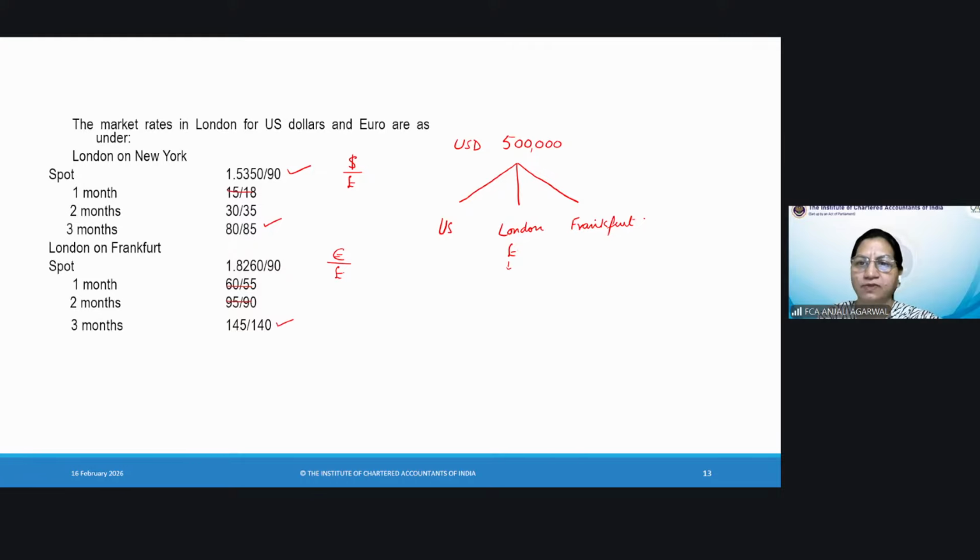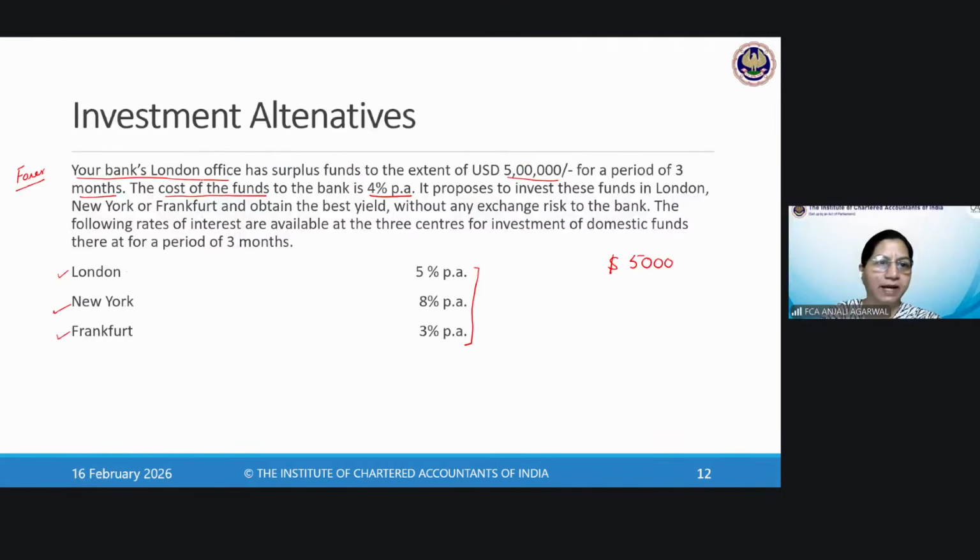If you invest in Frankfurt, you will have to convert it into euros and then make the investment. But your final answer should be in pounds. What is the net gain in pounds? That you have to see. Okay? Because your bank's London office has surplus funds.